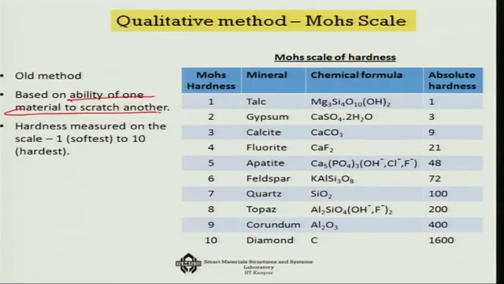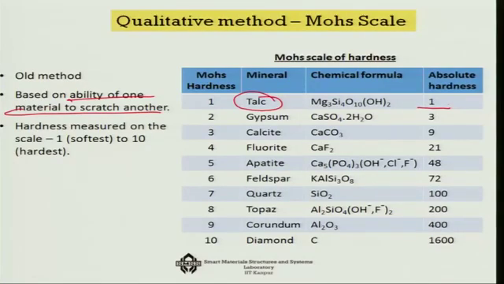In that scale the geologists considered talc to be the softest material, with its absolute hardness as 1, and various materials were used to scratch on talc, and from the depth of indentations and the power of scratching, and the scratching of one over the other, the ranking used to be done.